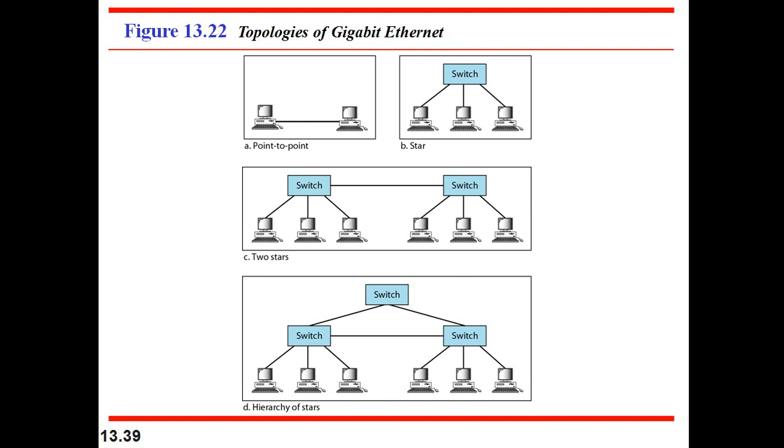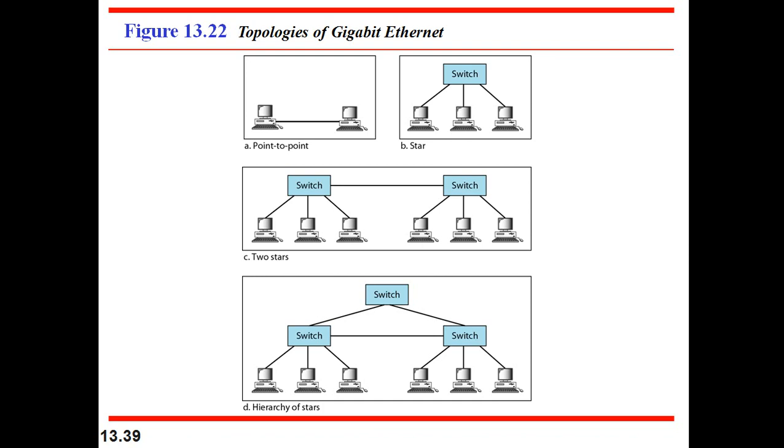These are the topologies. What topology do we use when it comes to gigabit Ethernet? We can connect two devices directly by using point-to-point connectivity. Another one is a star topology, where you can use a switch as well as a hub.